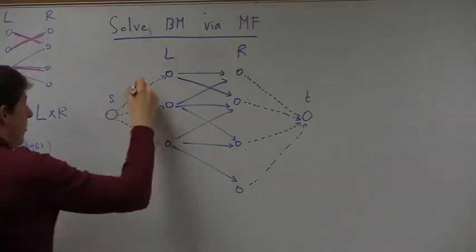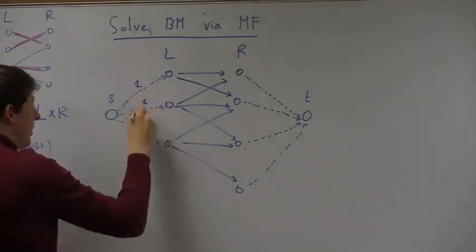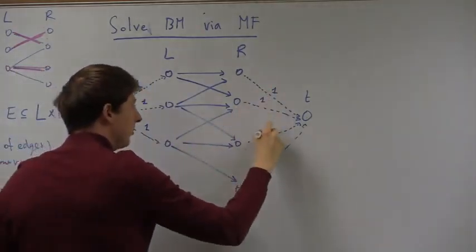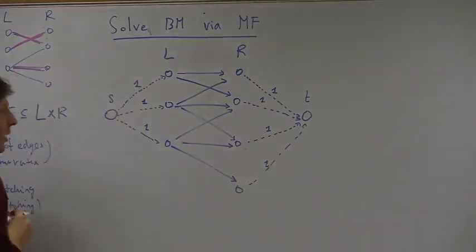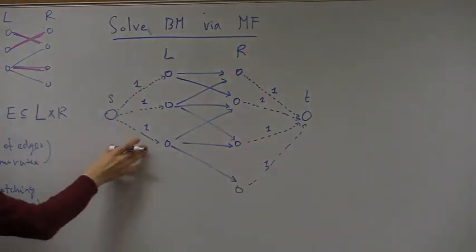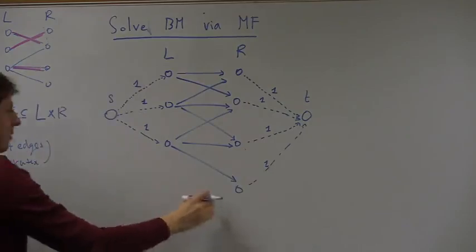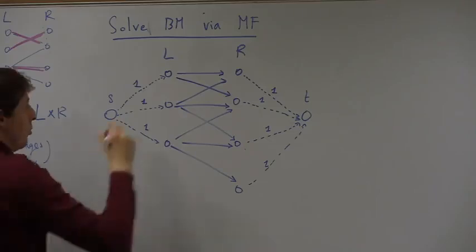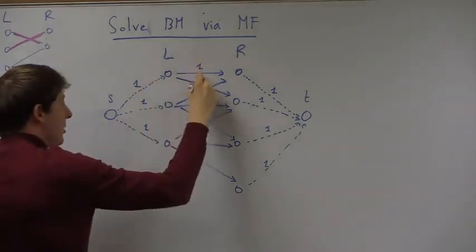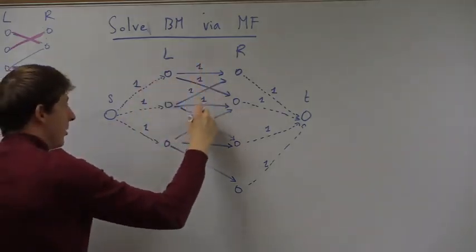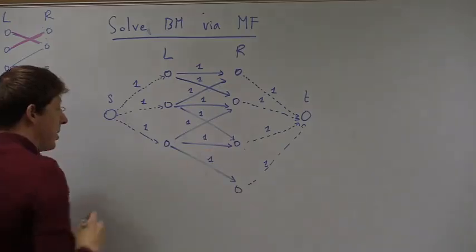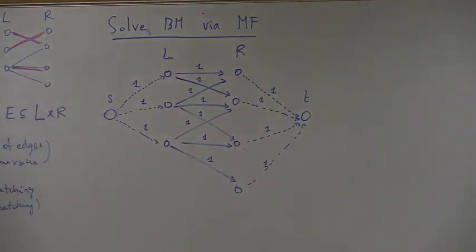So the idea is to put capacities 1 on each of the edges from S to L and from R to T, and we're going to put capacities 1 also on all of the now oriented edges from L to R.